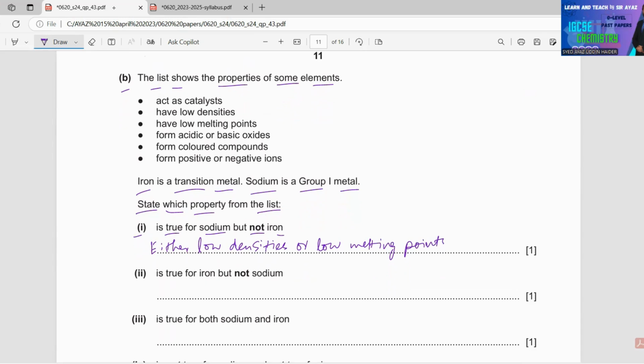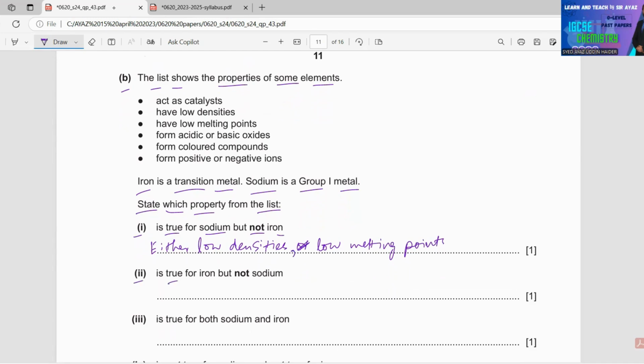So sodium does not form colored compounds. So these 2 points are true. Don't write or, they are saying true for sodium. They are not saying any one, so you have to write both the properties.